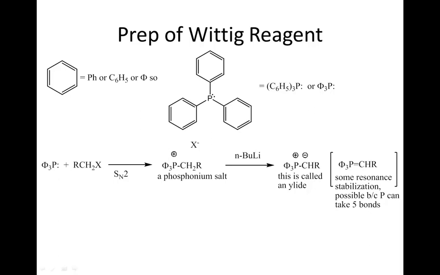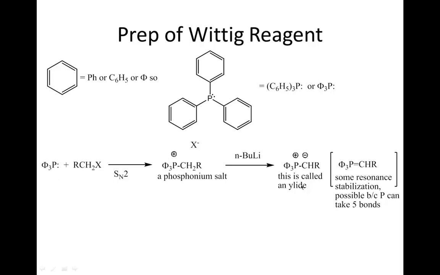When you get to this guy, now you've picked off a proton, that's going to leave a negative charge here. This guy has a plus and a minus right next to each other. Well, it turns out that phosphorus can take 5 bonds. Nitrogen's too little, it can't do that. But phosphorus can actually take a 5th bond, and so you have a kind of an equilibrium here, or resonance, if you will, where the phosphorus and the carbon actually have a double bond between them.